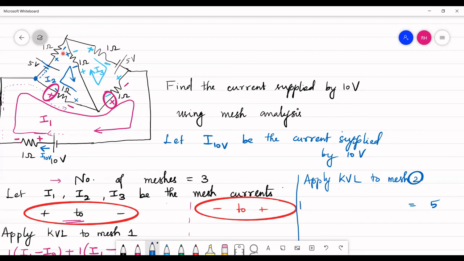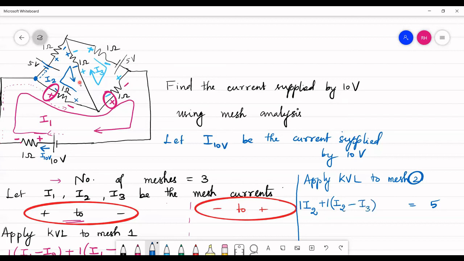Along the side plus to minus, I'm going to write the voltage drop. It is 1 into the current here in this mesh, I2. Then I continue. Here I travel from plus to minus, so I write the voltage drop. But in this 1 ohm resistor, 2 currents are flowing, and these 2 currents are flowing in the opposite direction. So I write I2 minus I3.